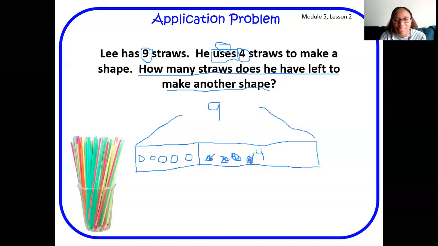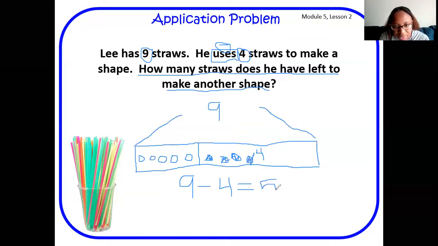All right. So using the information that I have now, what do you think my number sentence would be? Oh, I heard you say that my number sentence will be 9 minus 4 because he used 4 straws, and it's equal to 5 because I can also look at my picture and I know I have 5 white circles on this side of my tape diagram.